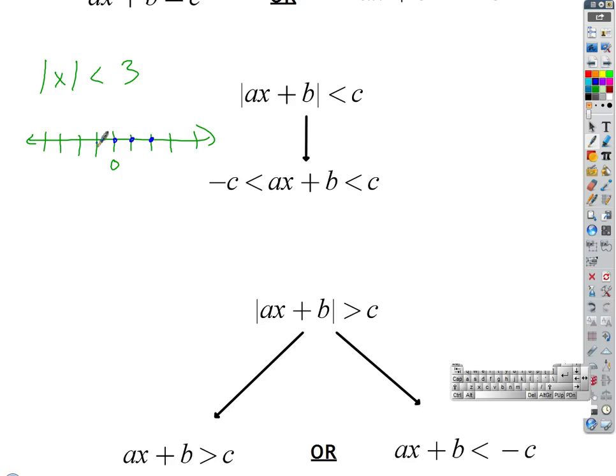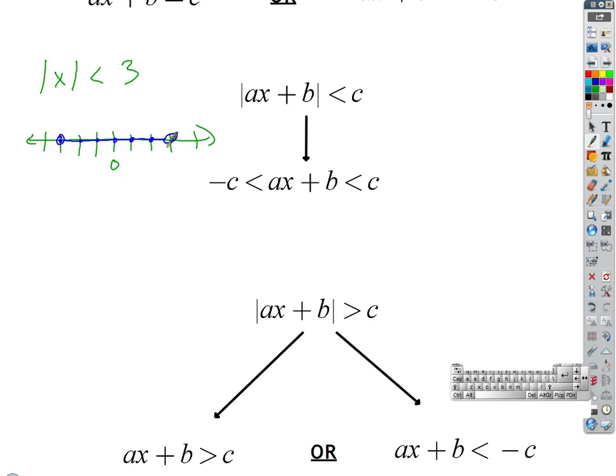It's too big. -2 would work though, and -1 would work, right? In fact, if we were to graph all the values that would work, wouldn't it be everything up to, but not quite including 3, everything down to, but not quite including -3? So it looks like this.